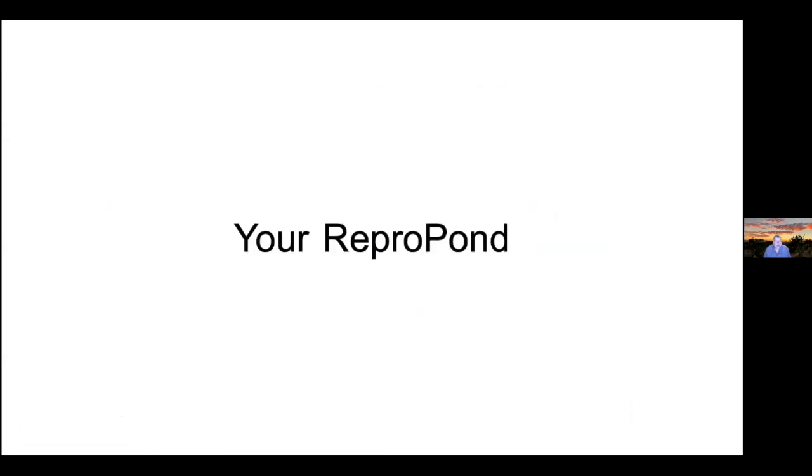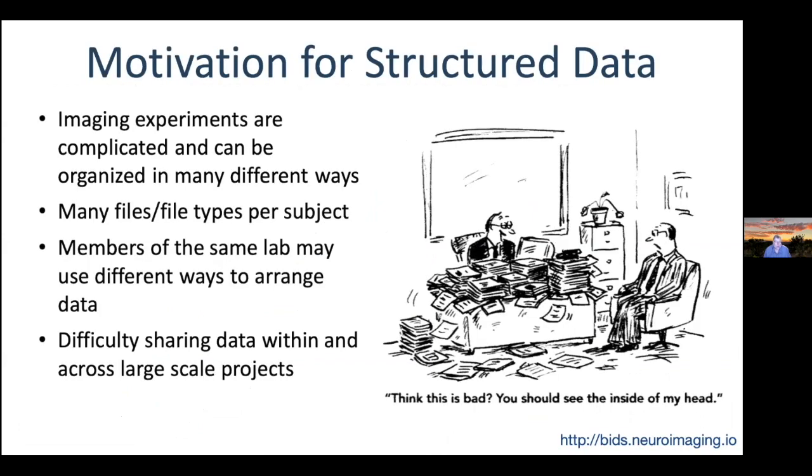So, starting with your local collection of data, basically your own ReproPond. We all know that there are a number of motivations for structured data, and this comes from the BIDS documentation. Basically, many of the experiments are complicated. You can organize them in many different ways.